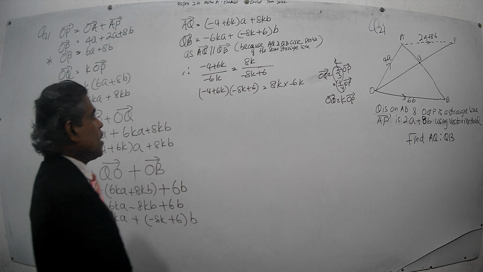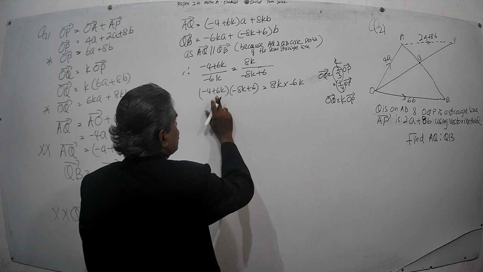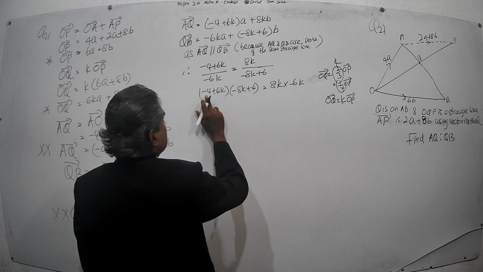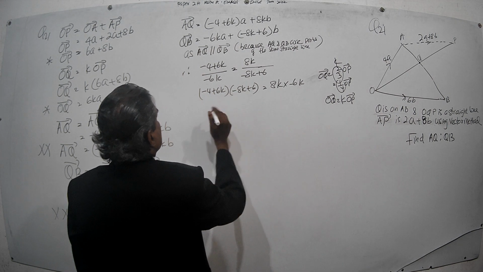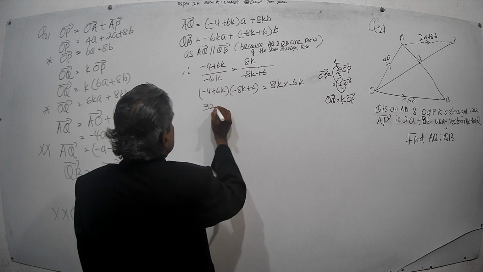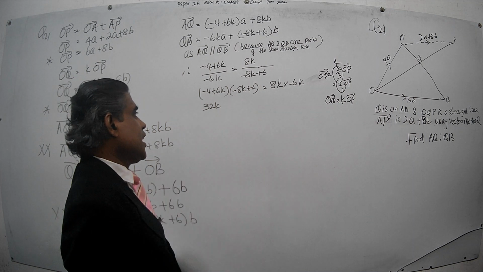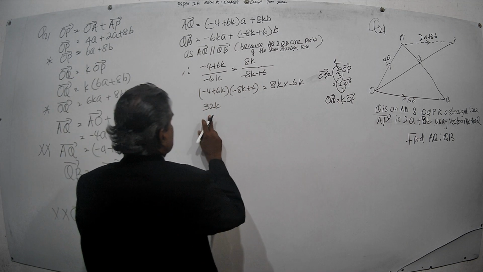How do you multiply this one? This minus 4, you multiply this whole thing, and this 6k also you multiply this whole thing. Then minus 4 times minus 8k is plus 32k.